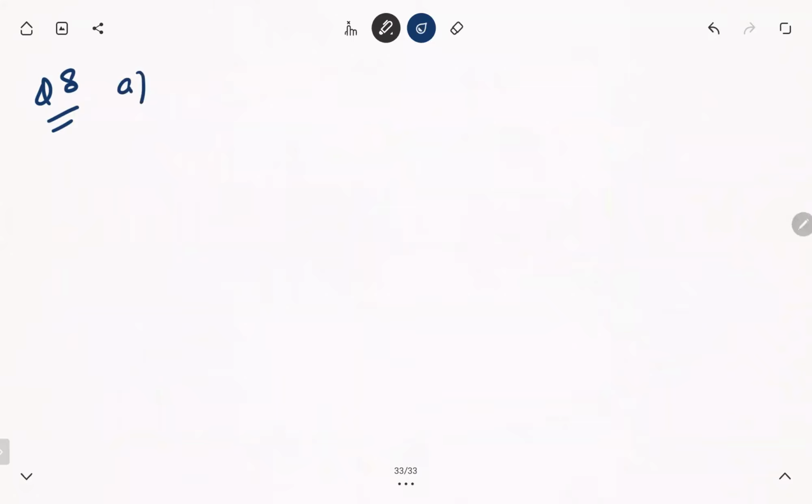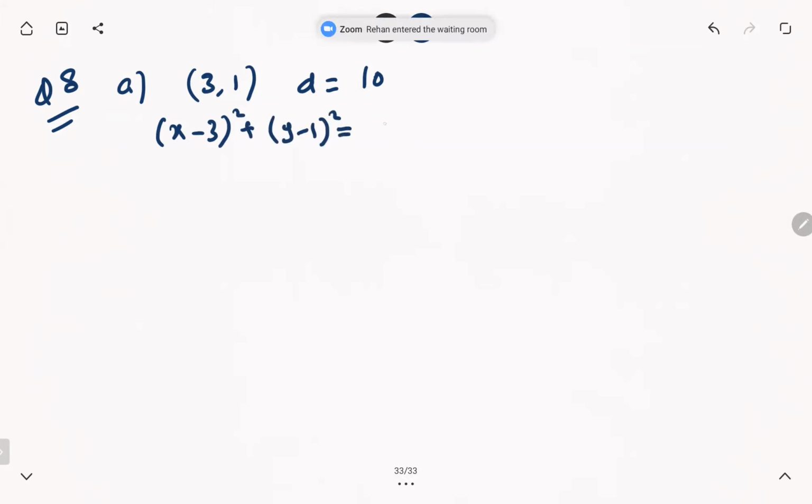Since AB is the diameter, you found the center from its midpoint, 3, 1, and then you found its length, so the diameter came. What was the diameter of this? 10. So if the diameter was 10, it means the radius was 5. So the equation will become x minus 3 whole square plus y minus 1 whole square is equal to 5 square, meaning 25.